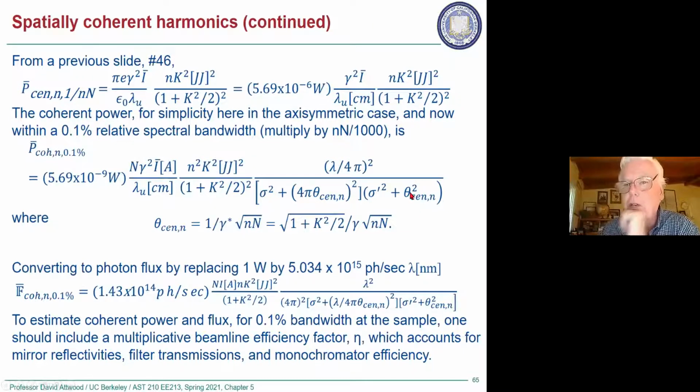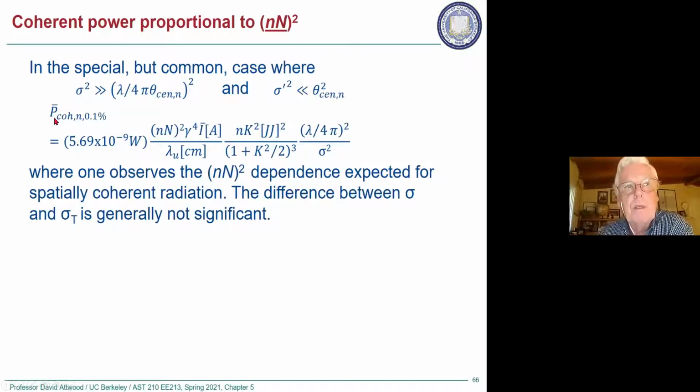The central radiation cone, remember, is 1 over gamma square root of N, or for a harmonic, 1 over gamma square root of nN, little n, big N. This will be the central radiation cone angle. So we'll forget this, and we'll forget this, and this one we're going to replace by this. A lot of things will simplify, and this is what the formula will look like for the coherent power averaged over time in some harmonic, written for a 0.1% bandwidth.